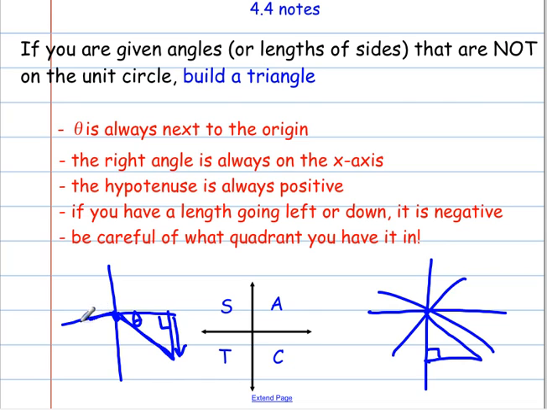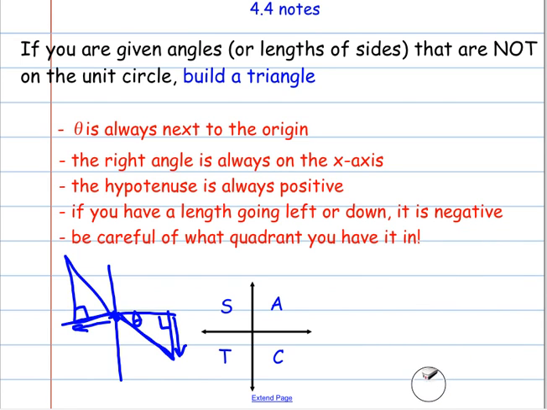If you have a side length that's pointing to the left, like this side length is pointing to the left, that should have a negative value. Okay? So just be careful about what quadrant you're in, and then I think everything else should be pretty smooth sailing. So let's go to the next page.